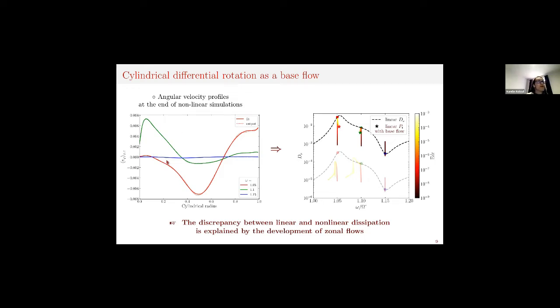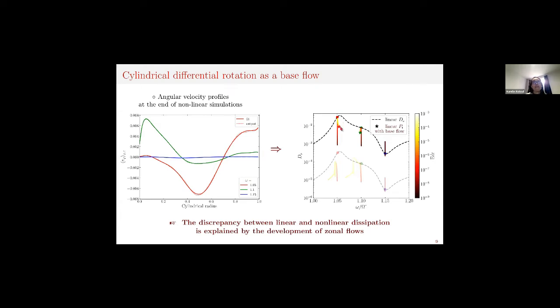So what we have done, in fact, is to extract the zonal flow profile at the end of the nonlinear simulation. So when the simulation is reaching a steady state, we have done an azimuthal and vertical average of the azimuthal flow, on the left versus the cylindrical radius. And we have injected this zonal flow in a new linear simulation with this background zonal flow profile.